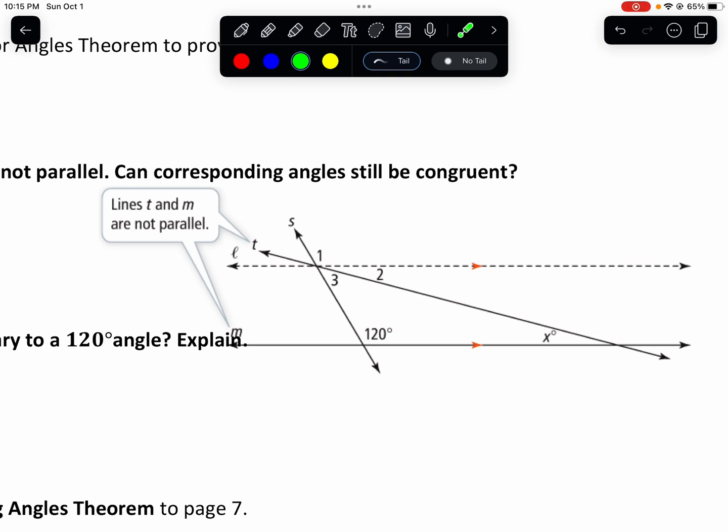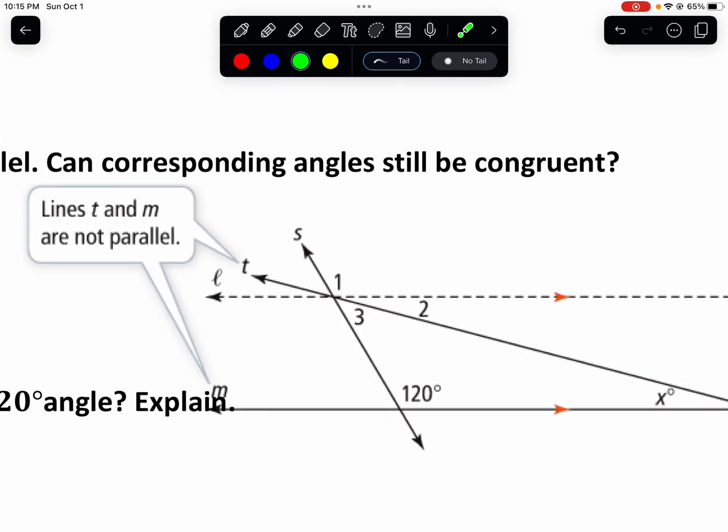We'll talk about that angle in just a second. Okay? Can we still have corresponding angles that are congruent if our lines are not parallel? In other words, is this 120 degrees going to be the same up here if the lines are not parallel?